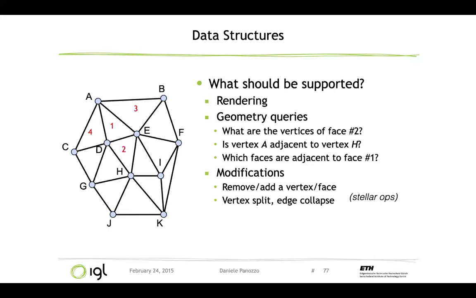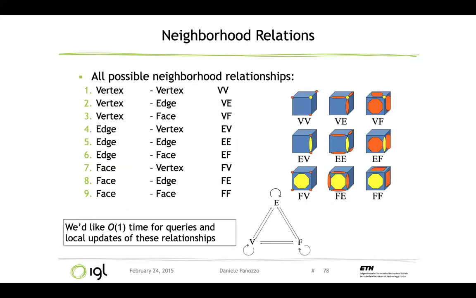We go in here and say vertex A is not adjacent because it's not in the one-ring here, right? And things like that. We also want operators that modify the structure of the mesh, like removing a vertex or a face, splitting and collapsing edges. These are the Euler operators that I mentioned before.